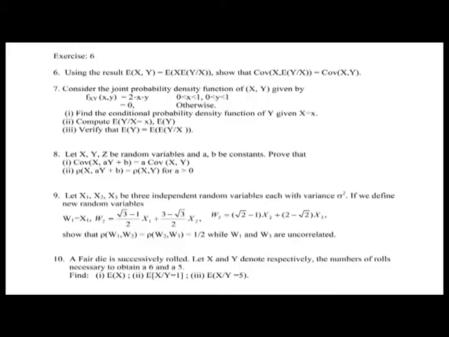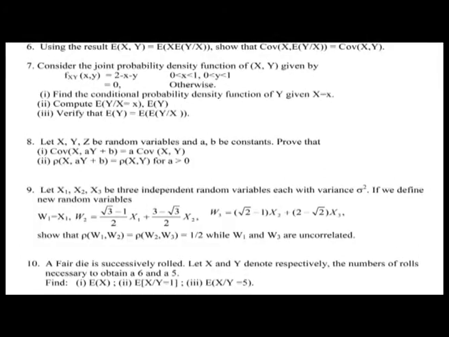Now, the 10th question is, a fair die is successively rolled, and let X and Y denote respectively the numbers of rolls necessary to obtain a 6 and a 5. In fact, the 6th part we discussed at length. So, X is the number of rolls required till a 6 shows up, and Y is the number of rolls required till a 5 shows up.